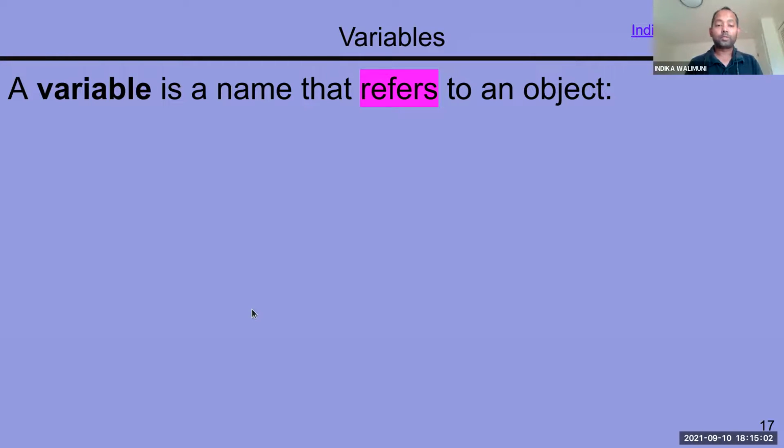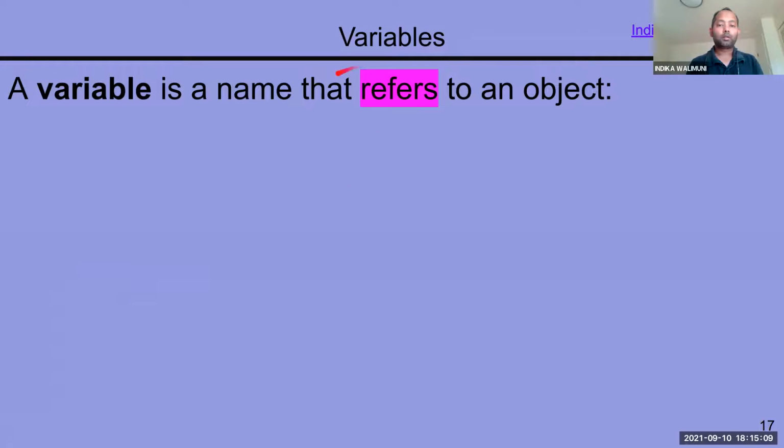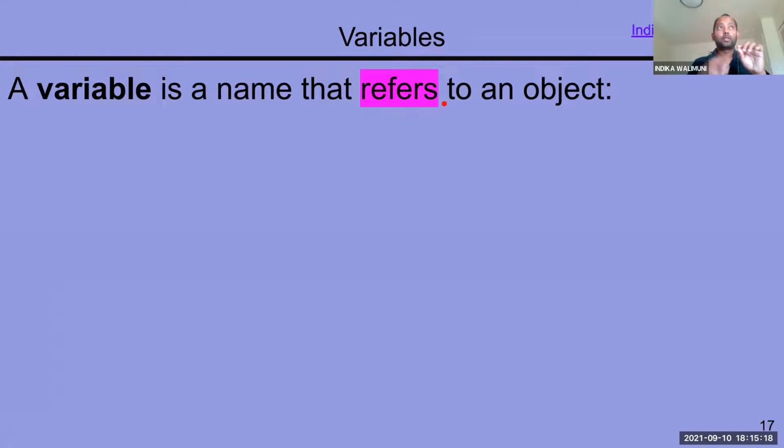This wording is really important, and you will understand more of it later. It refers to an object. Okay. All right. So that's the key difference between mathematics and Python you will see.